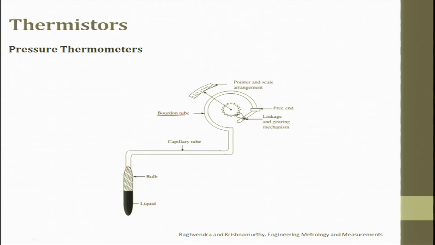This link in turn is attached to a gear mechanism. The gear mechanism is attached to a pointer, and this shows on the graduation what the response is. So, the bulb, capillary tube, then the Bourdon tube, then you have a free end, and this free end is attached to a link that has a gear mechanism. This rotates and you show the graduation.